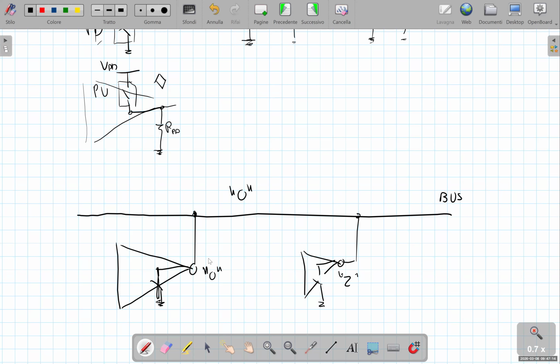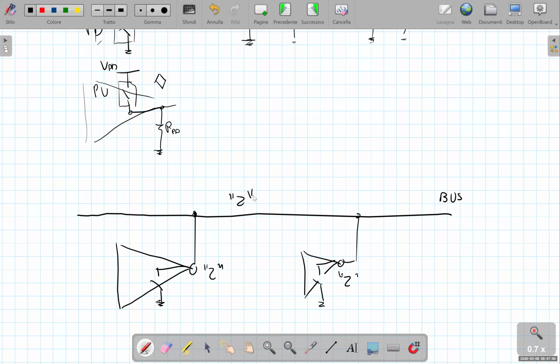Clearly, if the pull-down network of all the gates is not active, so all the gates are in the high impedance state, the bus is also in the high impedance state.